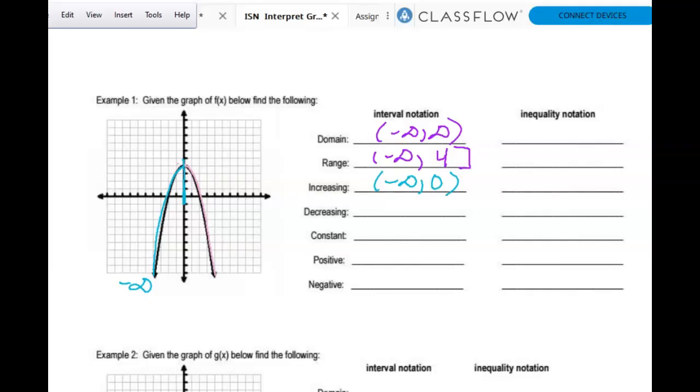So if that's true, this one, the decreasing, starts with the purple. It still starts at 0, and where does it go to? X's. What's on this side for my X? It's the positive infinity.